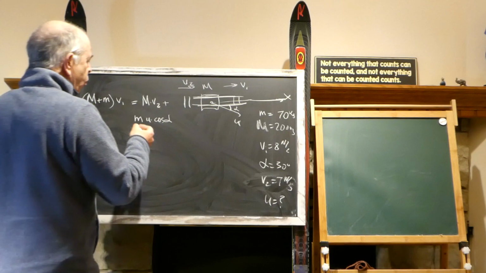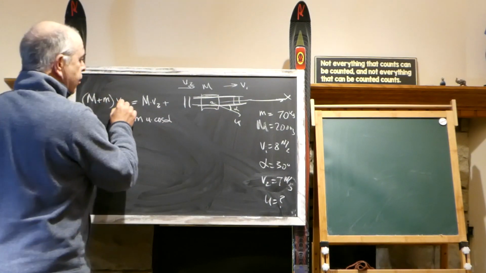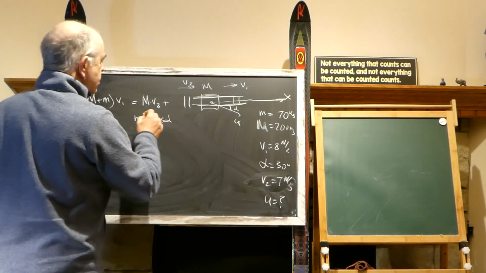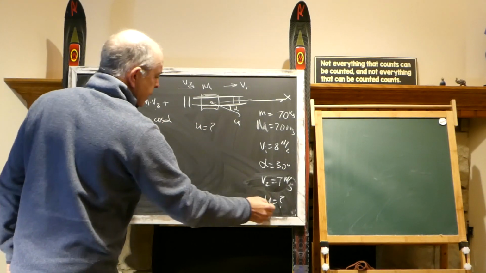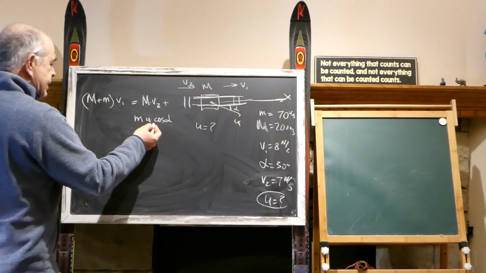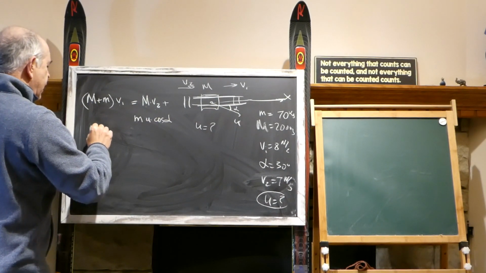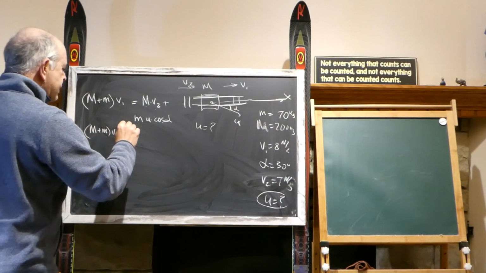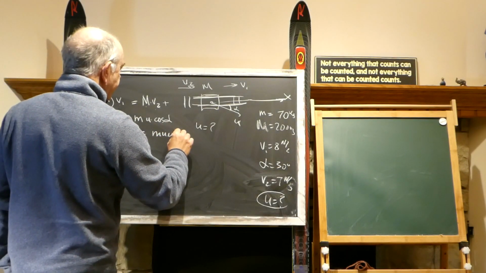And so what we know: M is given, m lowercase is given, v1 is given, v2 is given, u is unknown, and cosine alpha is given. So everything is fantastic. We leave m u cosine alpha as it is because it's with a positive sign, and we put (m plus M) v1 minus M v2 equals m u cosine alpha.